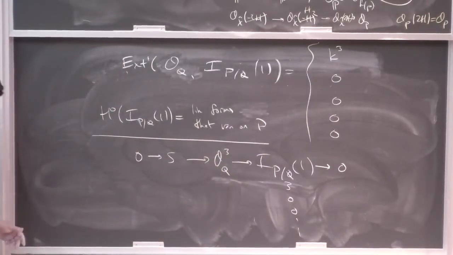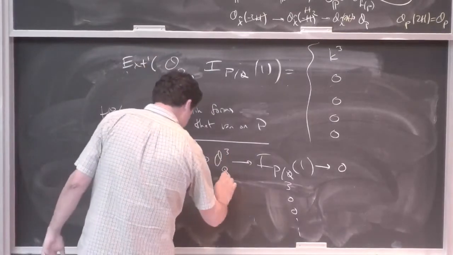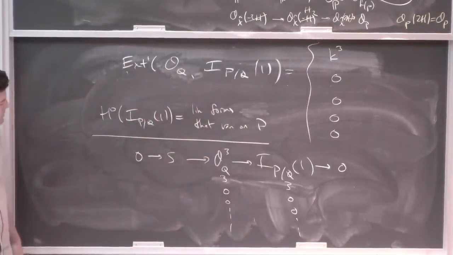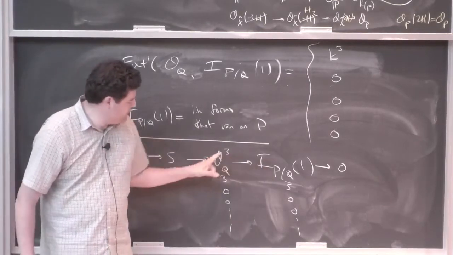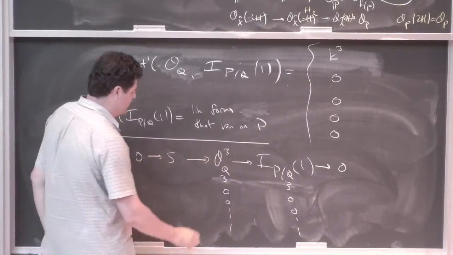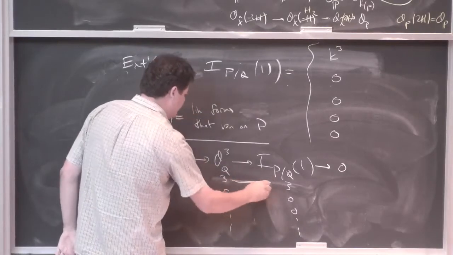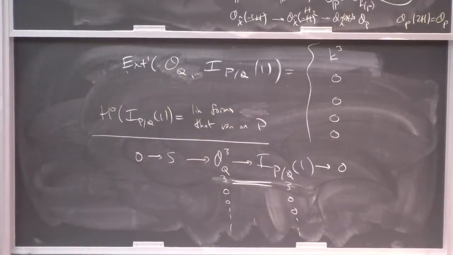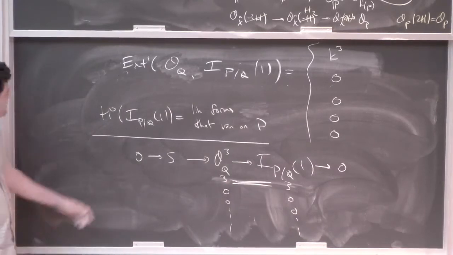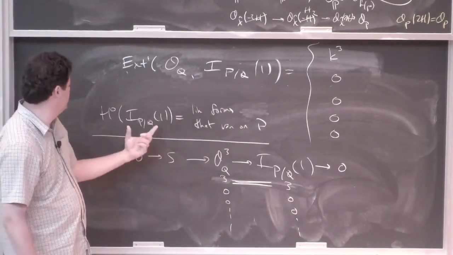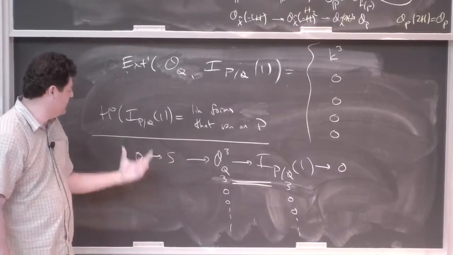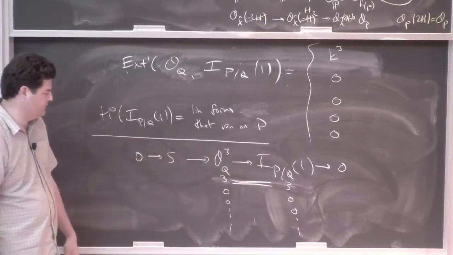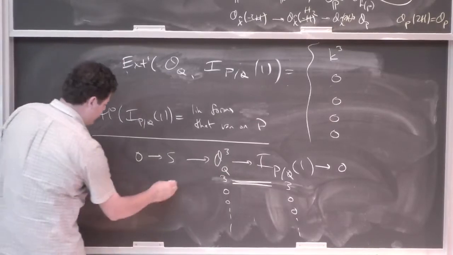And OQ was exceptional, so now we get, instead of 1, 0, and 0, we get 3, 0, 0. And this evaluation map was exactly designed so that that's an equality here. We said that this ideal sheaf had 3 sections, and this map is those 3 sections. And so this thing has no sections.